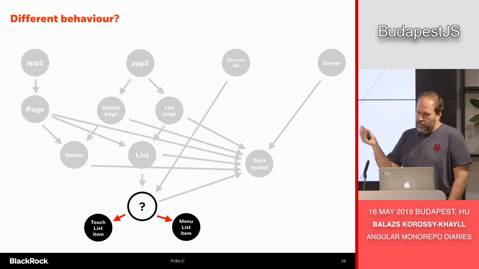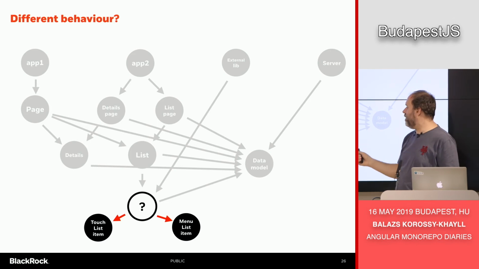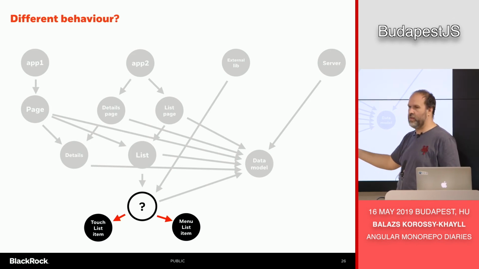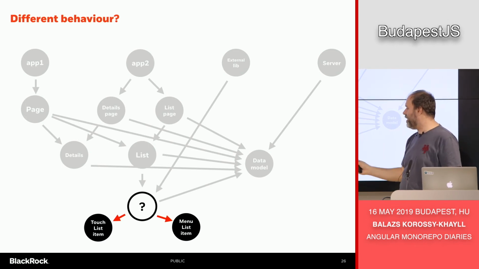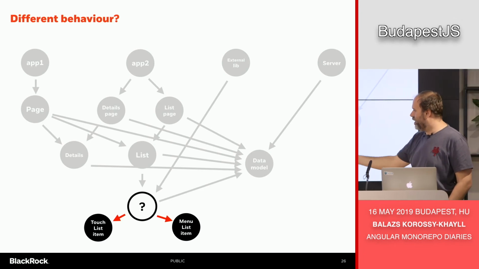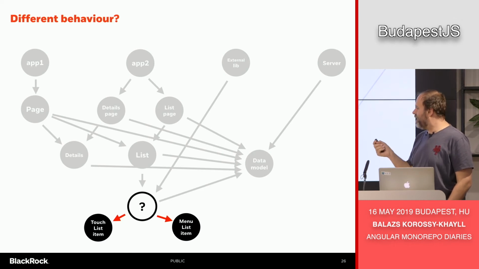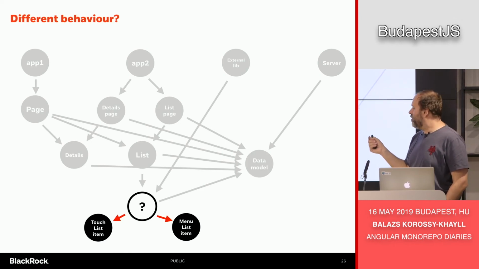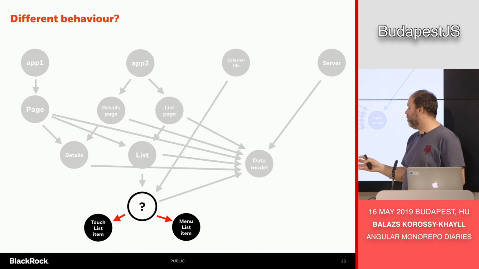Now, by default, what do you do? If this was one application, you probably would introduce some kind of control structure here, an if, right? If the device is the phone, then we use the touch version. And if it's a desktop, we use the desktop version. But there are a couple of problems with that. First of all, if there are multiple things that you need to decide here, then the code is going to be very complex.